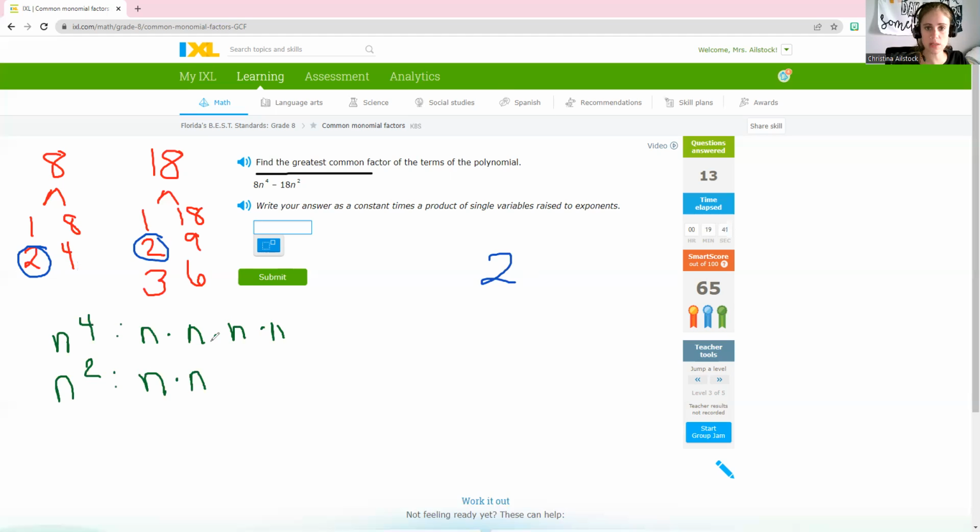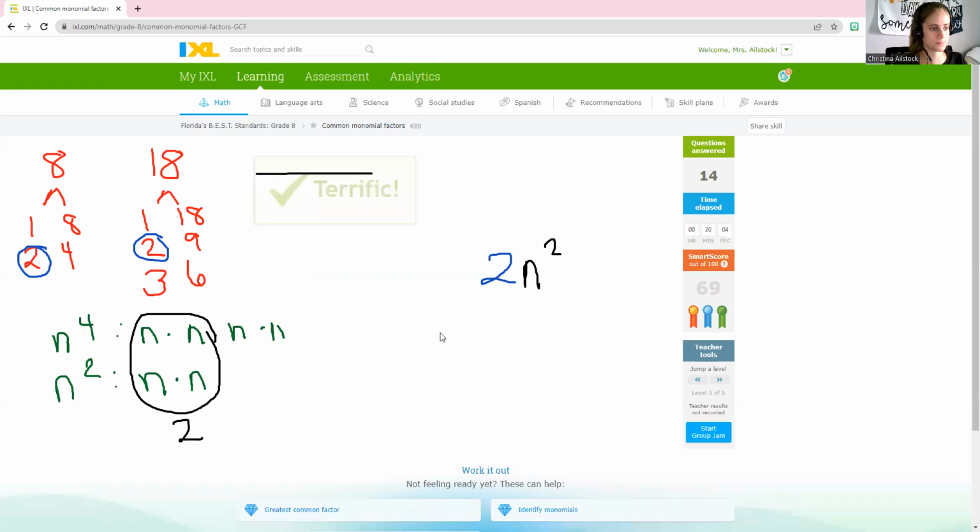So the most that they have in common is 2. Another way to look at that is you see which one is smaller, because that's the most that they're going to have in common, and that would be 2. So n squared is the second part of our GCF, 2n squared.